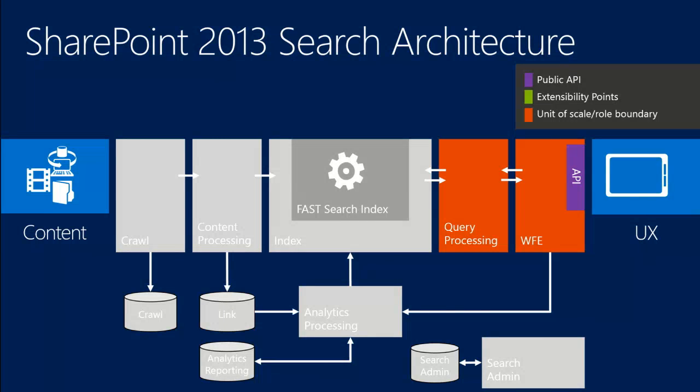One component in the query processing pipeline that is very important for building good experiences is the query rules framework. That's very easily accessible, both for business people and administrators. And we're not going to go into that, but that's something that you definitely want to leverage as part of your solution.